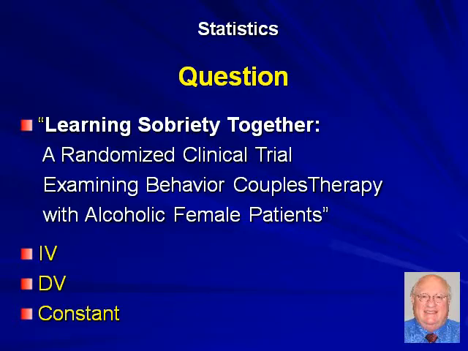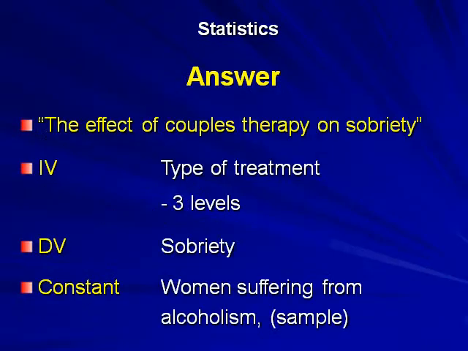Before going to the next slide, see if you can identify the independent and dependent variable from the title of the following study published in 2006. Learning Sobriety Together, a randomized clinical trial examining behavior couples therapy with alcoholic female patients.